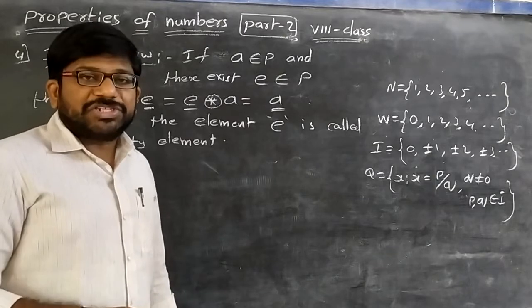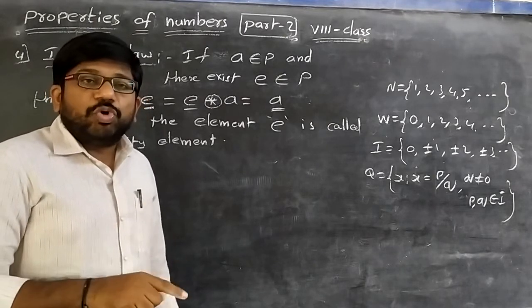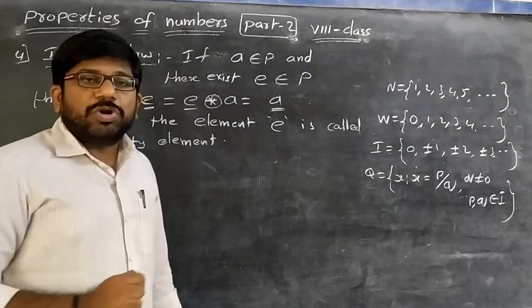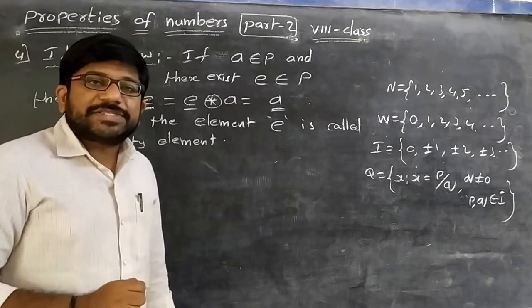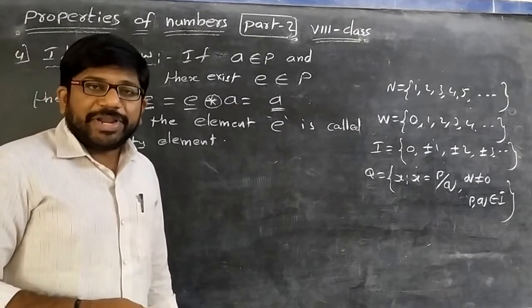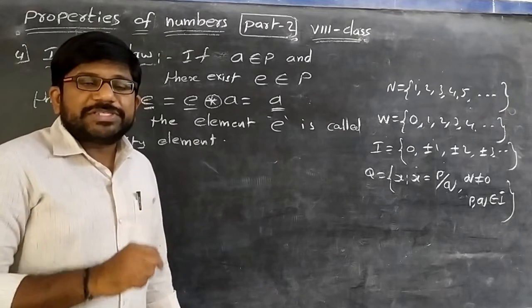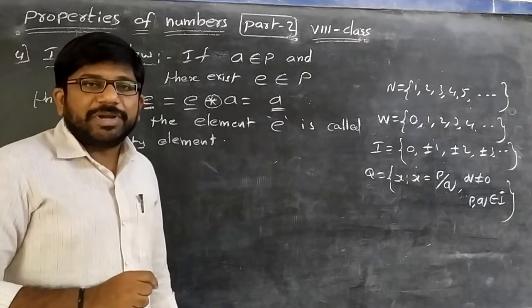In multiplication, 1 is the identity element. Suppose 2 into 1 is equal to 2 only. 1 into 2 is equal to 2 only. So here 1 is called the multiplicative identity element, right? So in addition 0 is the identity element. In multiplication 1 is the identity element, right?